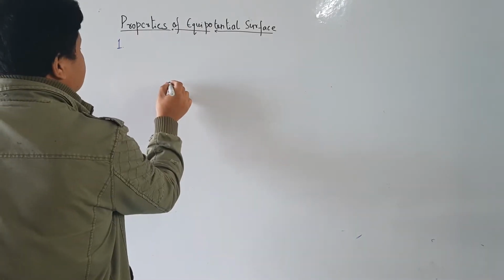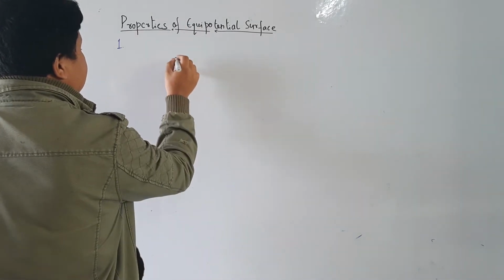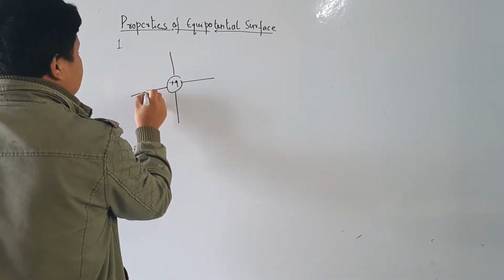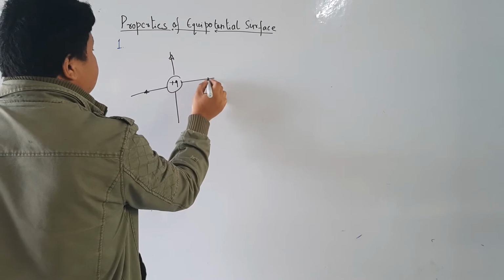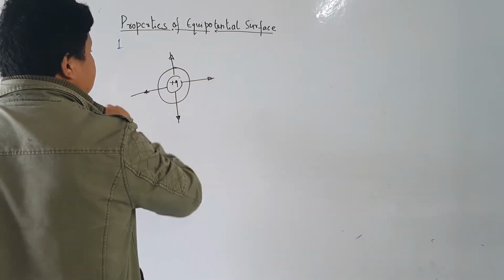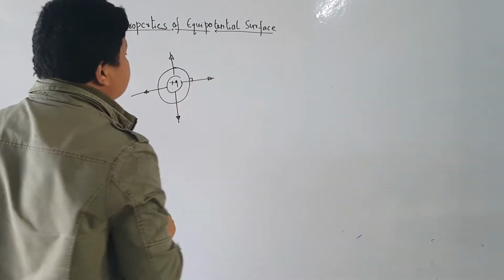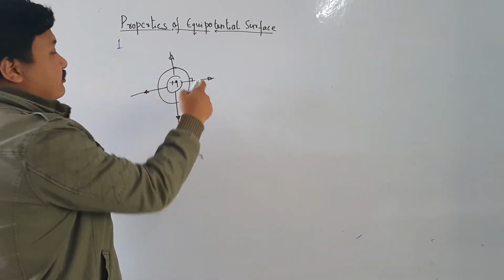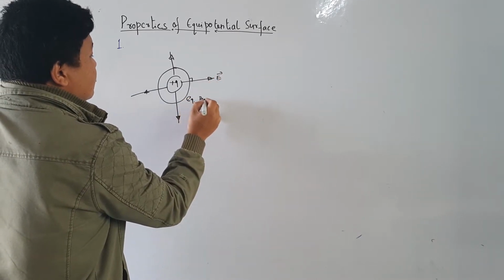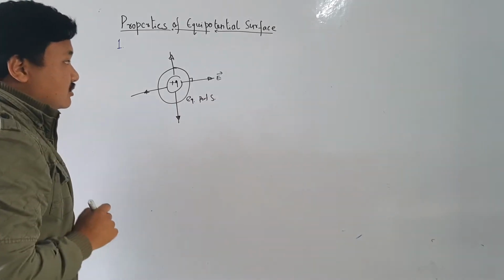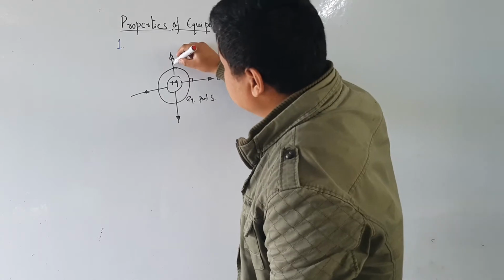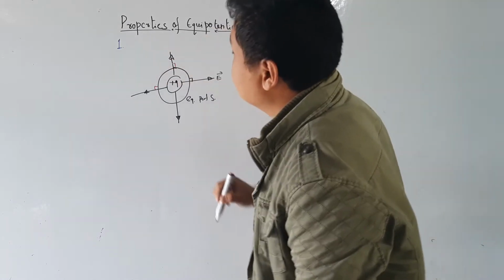If you have a positive charge here, the electric field goes outside, and the equipotential surface is always perpendicular to the electric field. So this is one property.